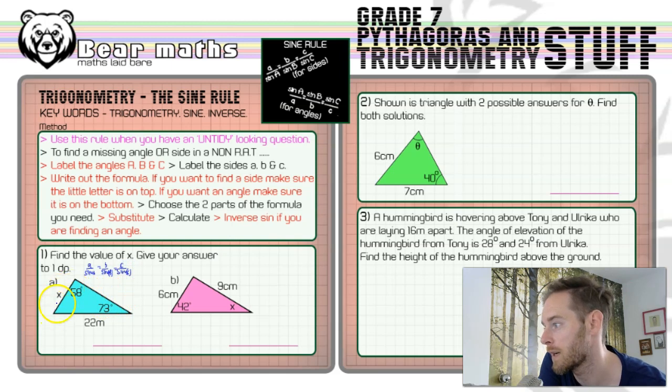Now I'm going to label these sides A, B and C, and it doesn't really matter which ones you label what. We could get this angle here as well if we wanted to. We could figure that out because we know what angles in a triangle add up to, and we've got two of those angles. Sometimes you have to do that.